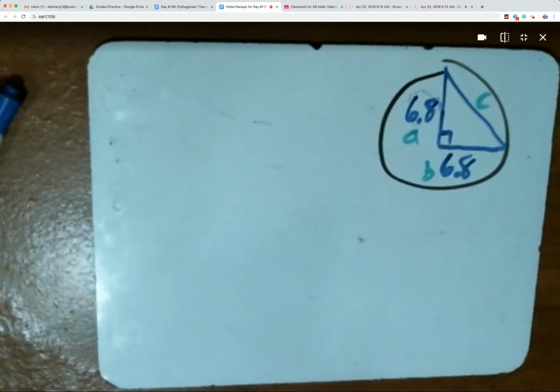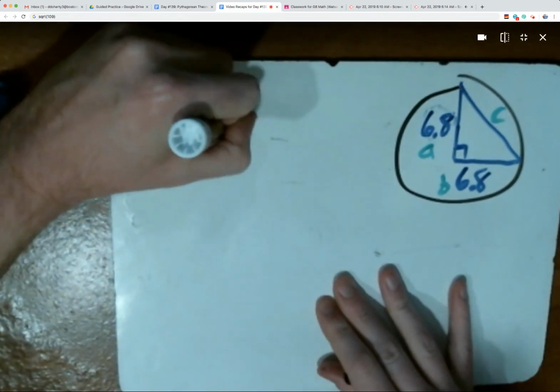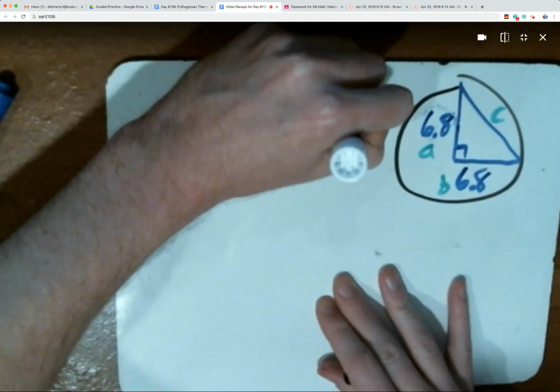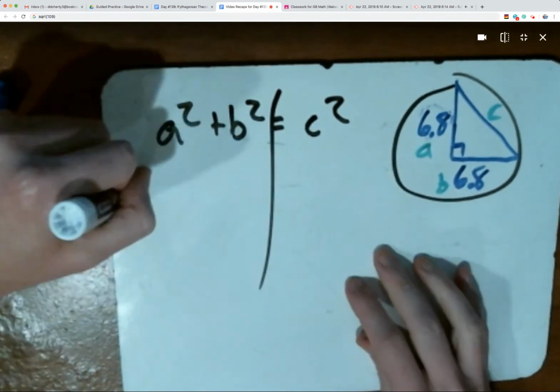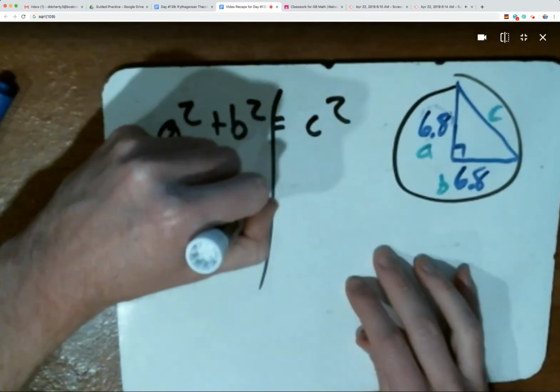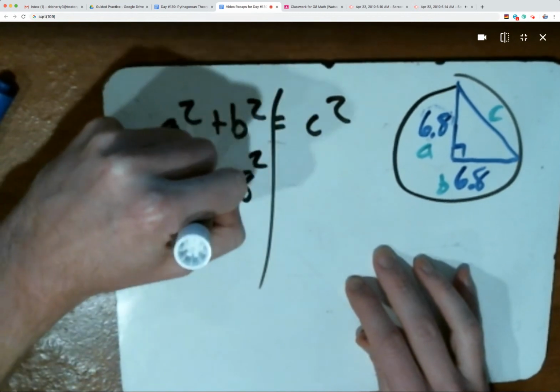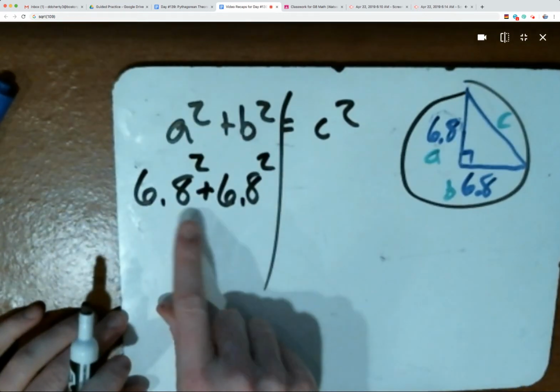At this point, you all should be pretty familiar with using that formula. A squared plus B squared equals C squared. Again, we have A and B, so those are the two that I'm going to replace. They're going to be added together after you square them.